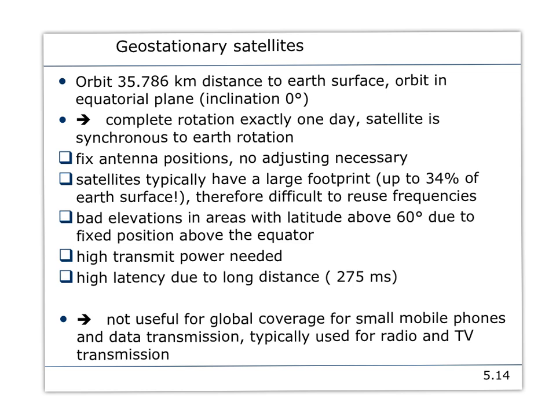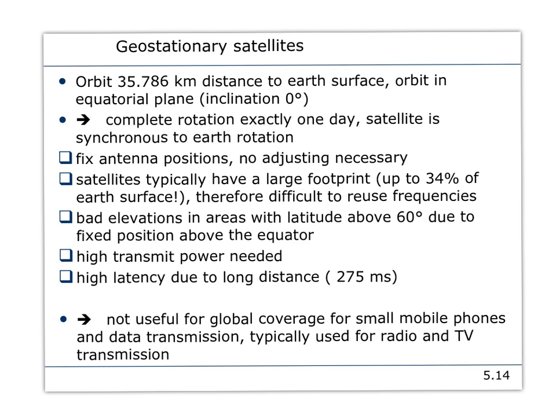And high latency, usually in the range of 250-275 milliseconds, which is almost like half a second. So this is not, of course, useful for global coverage for small mobile stations and data transmission. Data transmission and data services become very, very cumbersome in these types of satellites.